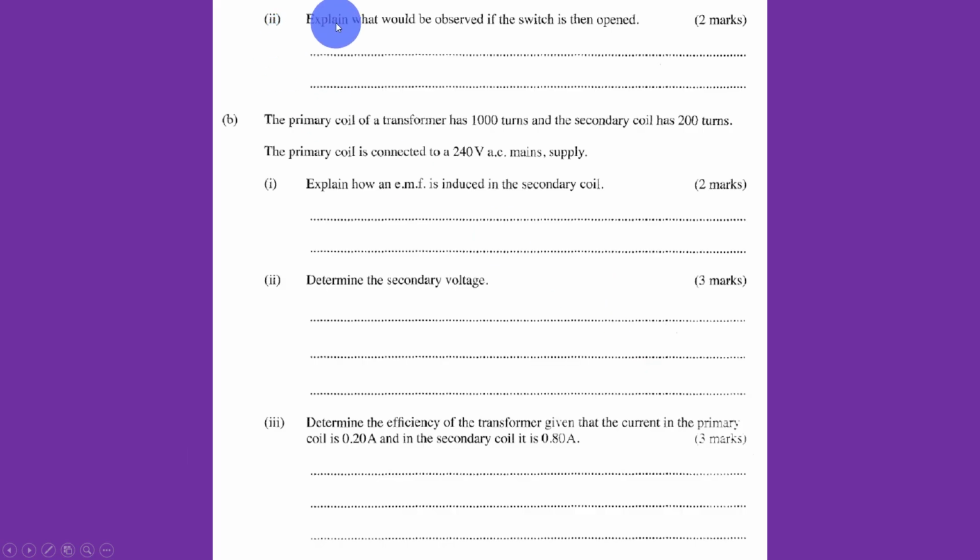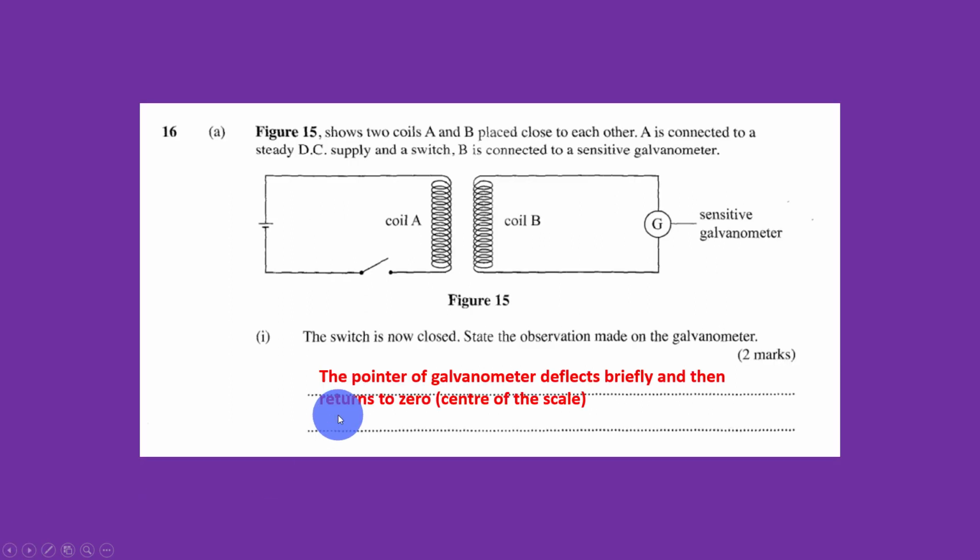We've been asked to explain what would be observed if the switch is then opened. Of course, it will deflect in the opposite direction and then the pointer again comes back to 0. Why does that happen? This is because the magnetic field that had already built up is now collapsing. You see, the reason why we have a deflection here is because upon switching on, the current in coil A is going to increase from 0 to a maximum value within a very short time.